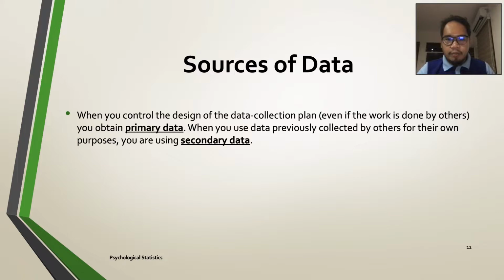It's called primary data. When you say secondary data, this is when you use previously collected data by others. So it was already collected, it was given in a database, for example, for your own use, and you will be applying that in your research. We call that secondary data.